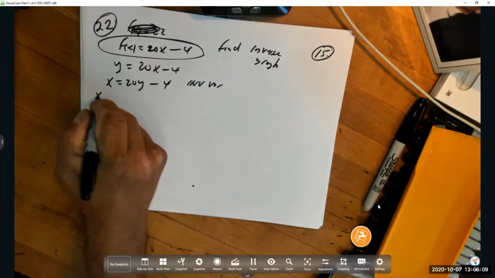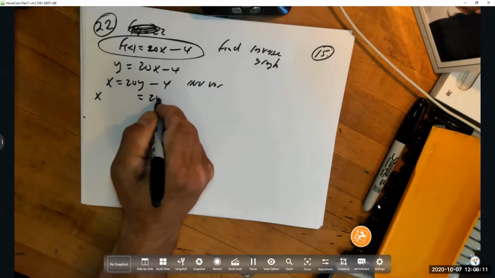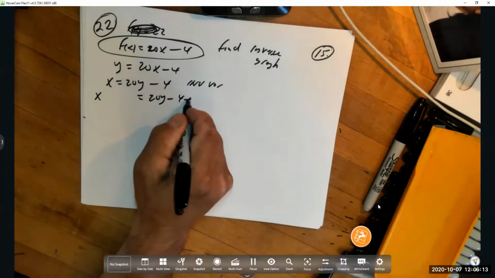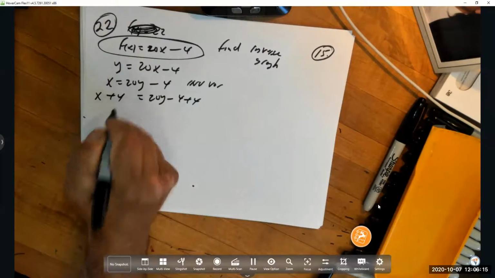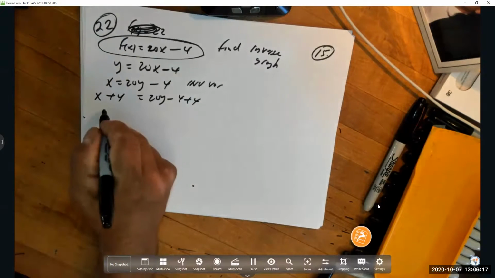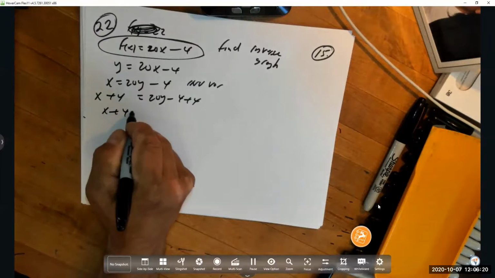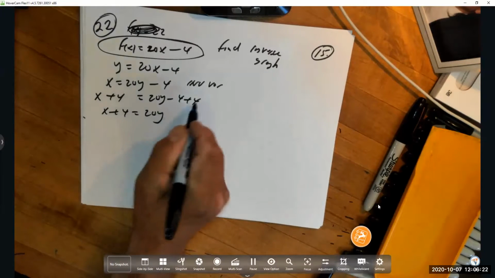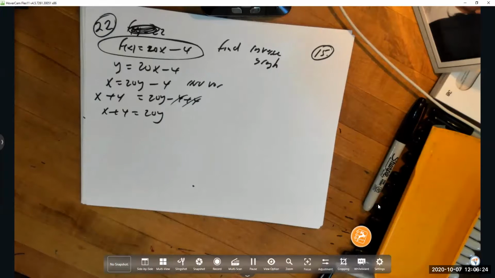So now to get y by itself, I'm going to go ahead and add 4 to both sides. Like this. So I have x plus 4 is 20y. So now one more step, divide by something. What do you think? Divide by what?